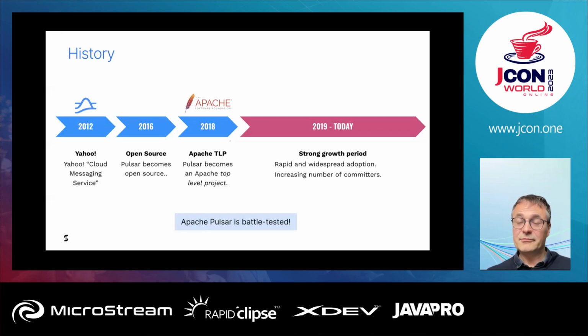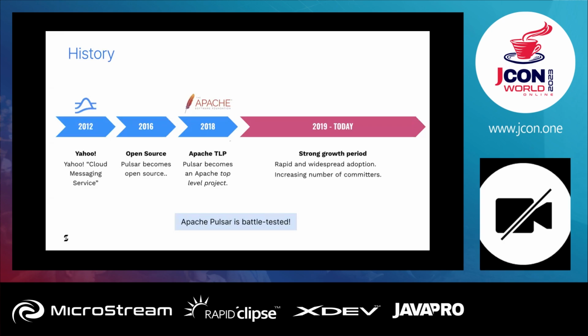Kafka is one of the first players in the data streaming world. Yahoo created Pulsar in 2012 because they faced limitations of Kafka at that time. For example, they needed geo-replication, true elasticity and multi-tenancy. That's why Yahoo created Pulsar.